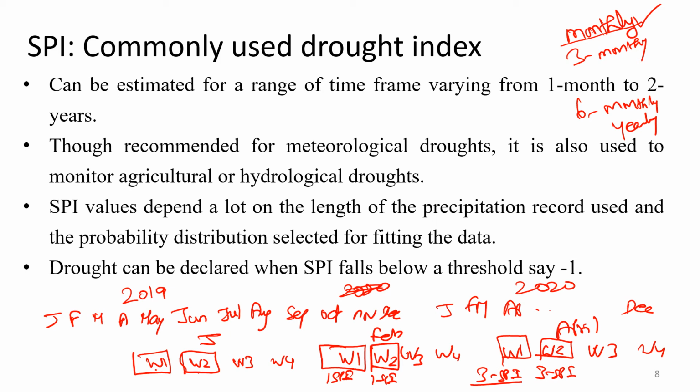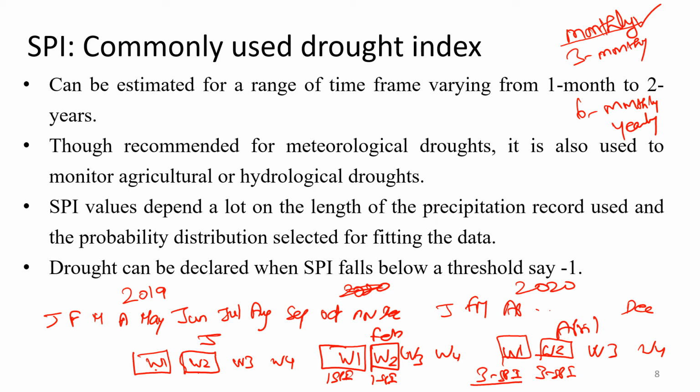So if the length of the record changes, say I have 30 years of record and another person has 50 years of record, we will both get different distribution parameters, and we will get different SPI values. So SPI values depend a lot on the length of precipitation record used, and also on the probability distribution selected for fitting the data. I may use distribution 1, another person may use distribution 2, and so on.